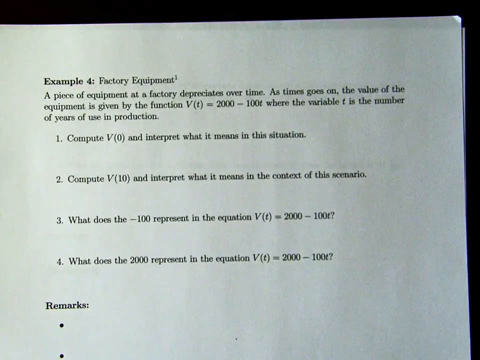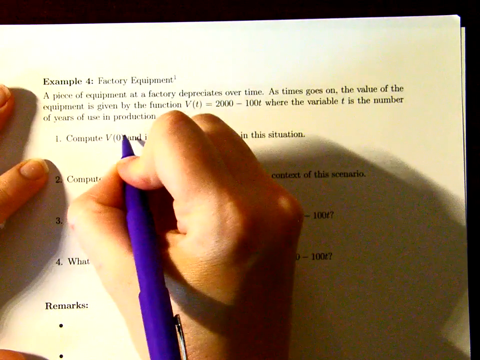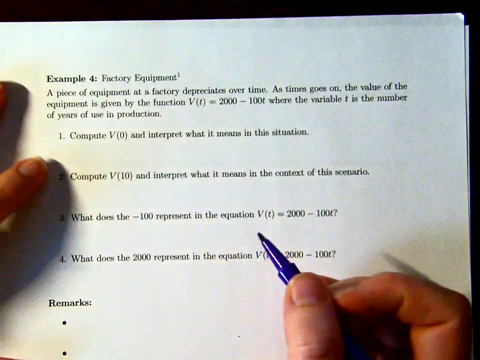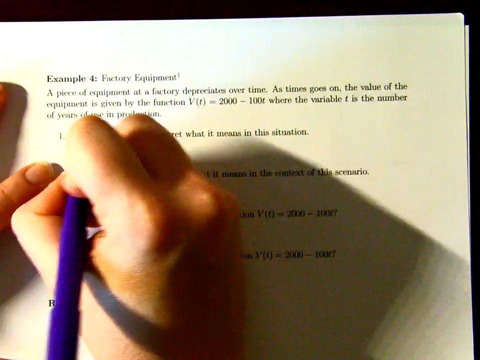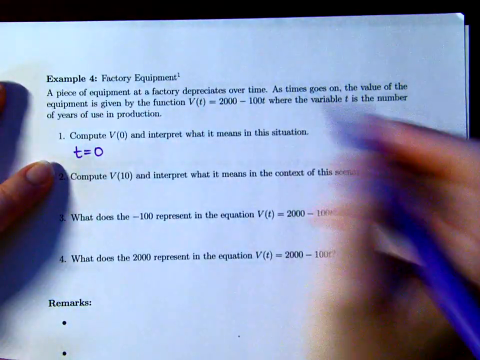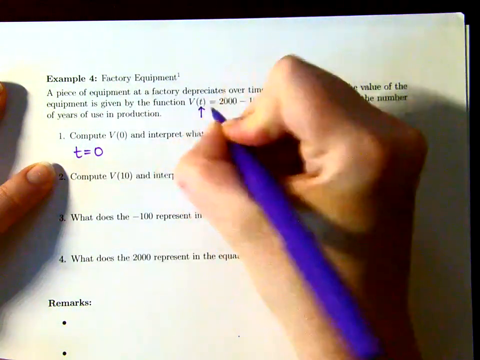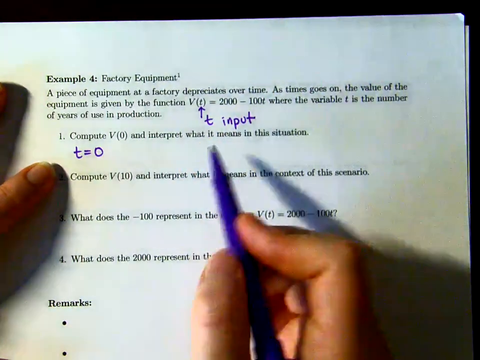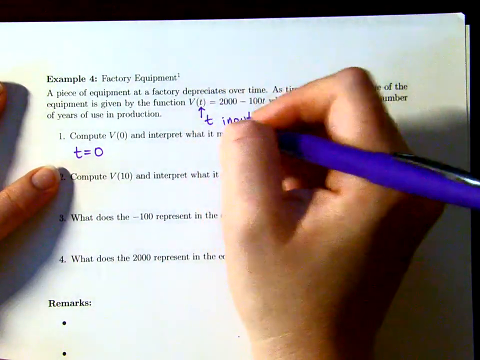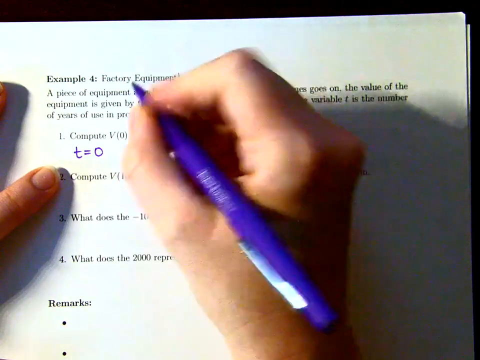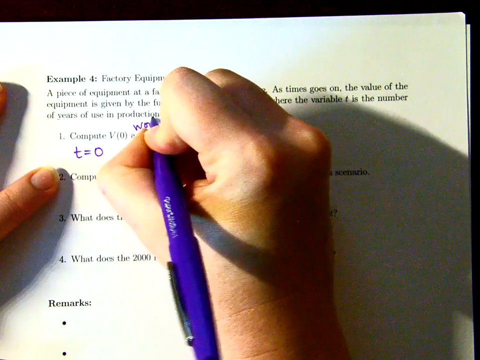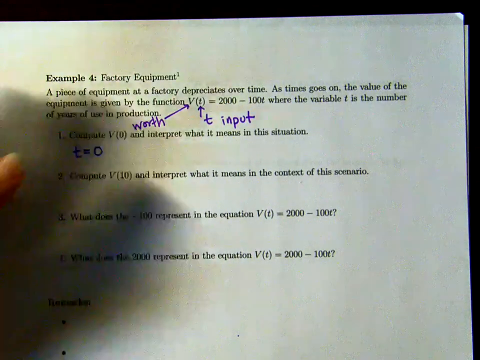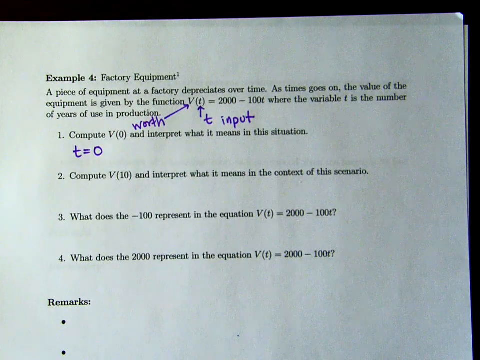Gotcha. Will do. So this notation, remember, doesn't mean V times 0. It means this t value is our input, and we are computing how much this piece of factory equipment is worth as time goes on.